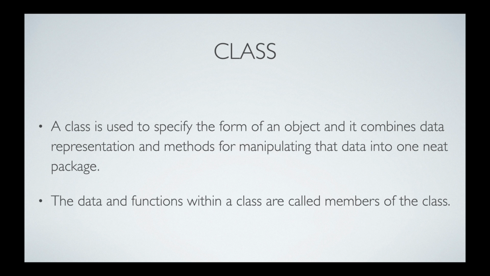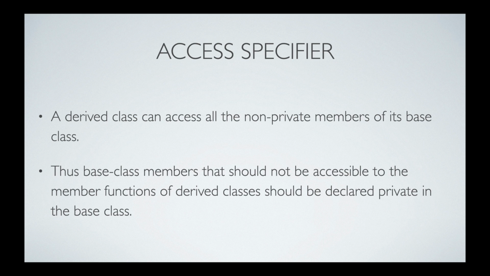We use the objects themselves to give the actual values. Then we go to access specifiers. A derived class can access all the non-private members of its base class. Thus, base class members that should not be accessible to the member functions of a derived class should be declared private in the base class.